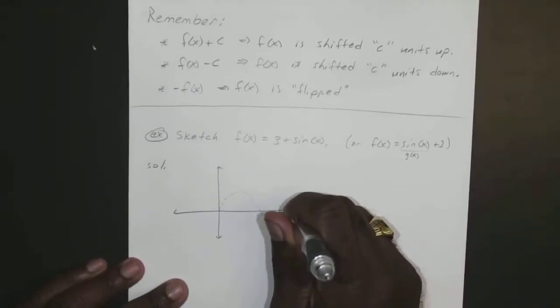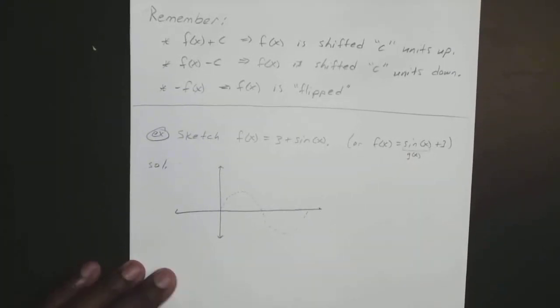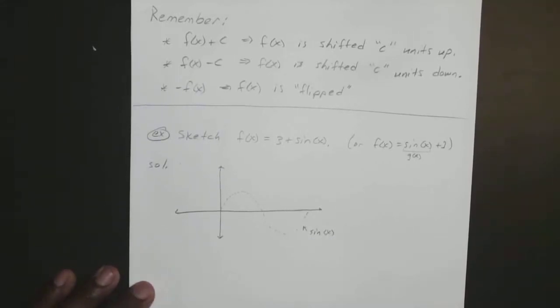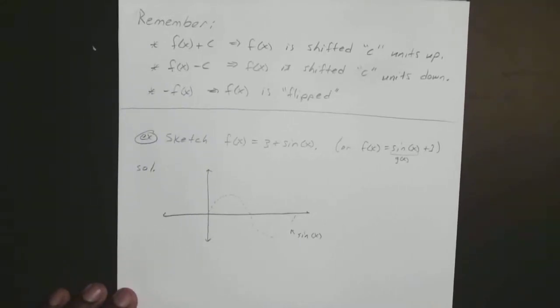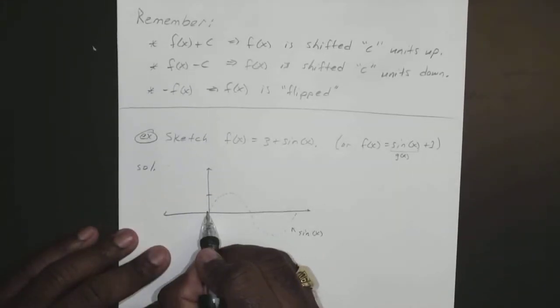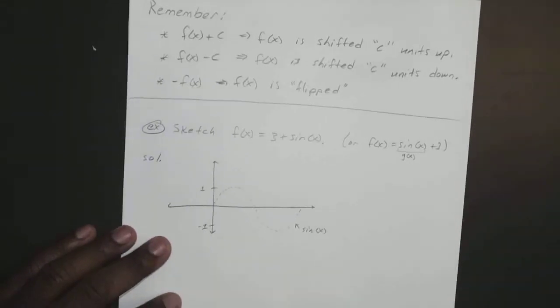Okay, so we know that's our sine of x. So sine of x plus 3 is just sine of x shifted up 3 units. Okay, so remember this starts at 0. It goes from 1 to negative 1.